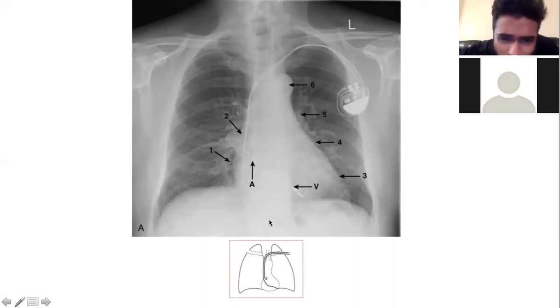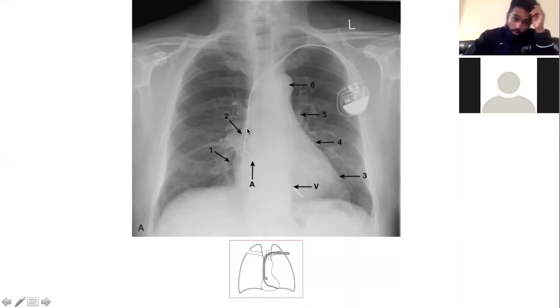The right atrium and the right ventricle. Yeah, right here, right? So let's just go through these real quick. One, it would be what? Right ventricle? Right atrium, because like I said, you can't see the right ventricle on a PA.